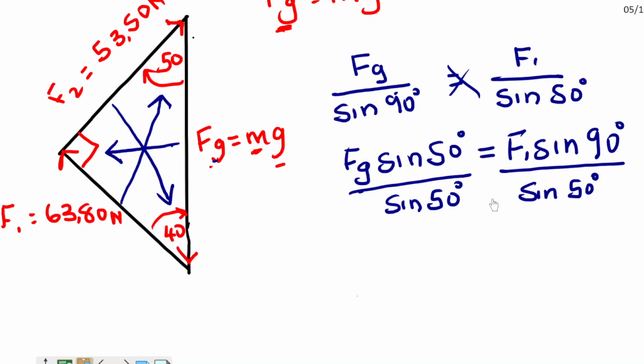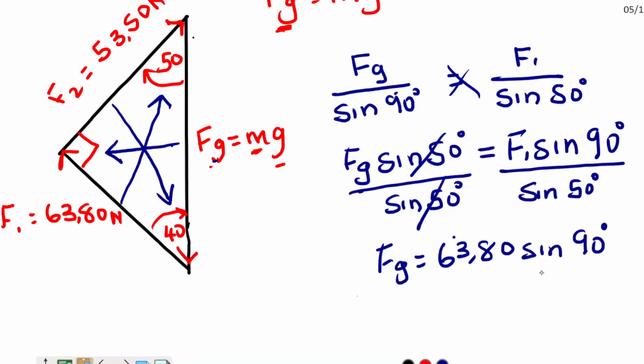Now I need to cancel out the sine of 50. Then I'm left with FG, which is equal to F1, and we know what F1 is, 63,80, sine of 90 degrees all over sine of 50 degrees. So we must take the calculator now and check what is this value of FG.